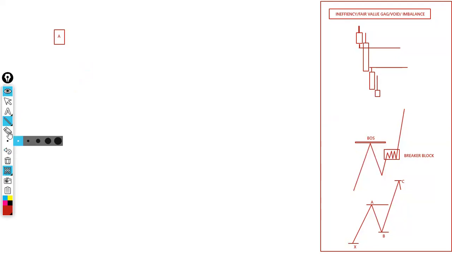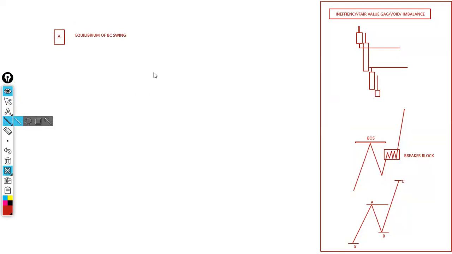Let me put that up well. Equilibrium of BC swing.